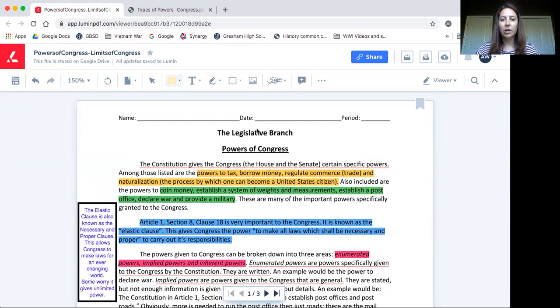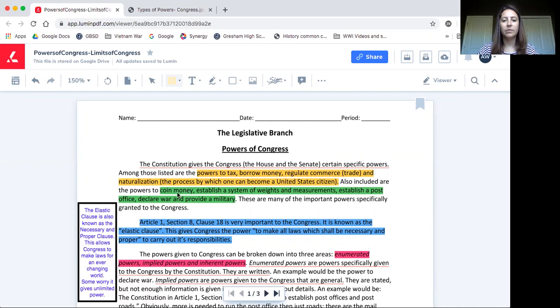Again, we're talking about the legislative branch, which is Article 1, and we're looking at what Congress can do. In the Constitution, there are some specific listed powers: taxing, borrowing money, regulating trade, and the process for becoming a citizen.